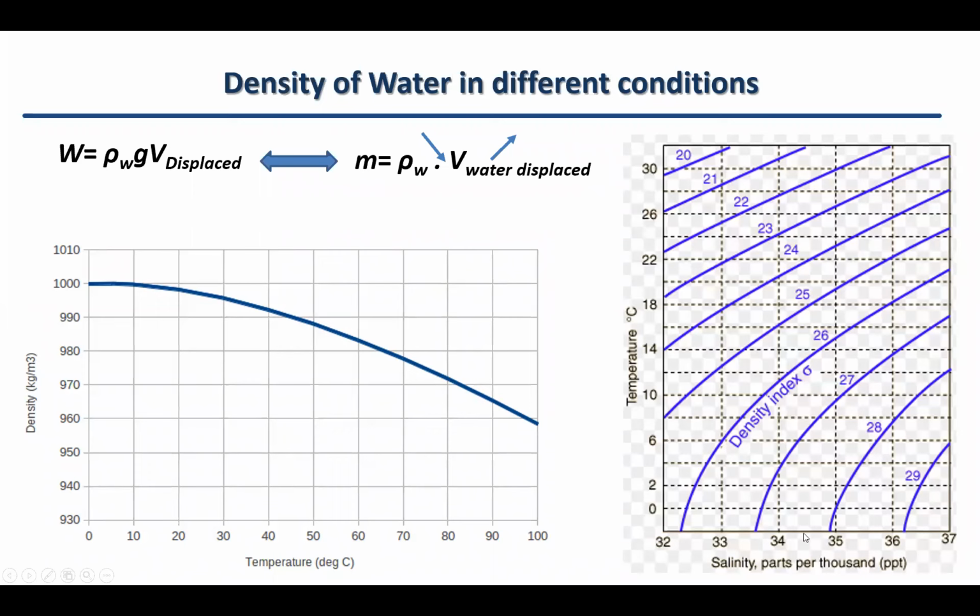The same applies to the salinity rate; you can see it changes. This graph shows both the salinity rate and the temperature. As the salinity rate on the right-hand side increases, the density becomes heavier. If there is less salinity in the water, for example fresh water like a river, you can see the density is less, so it is lighter.